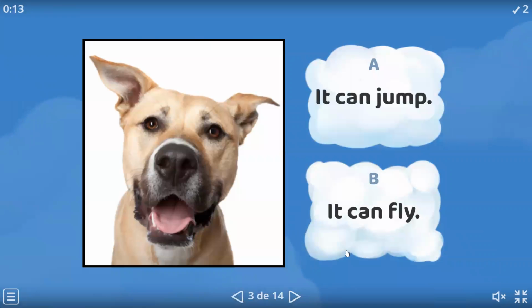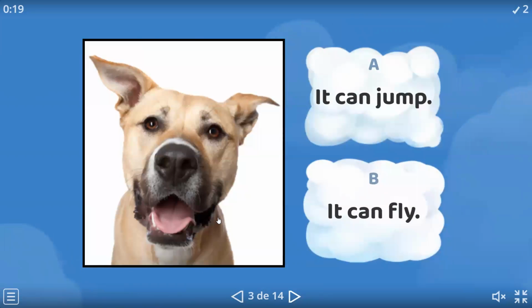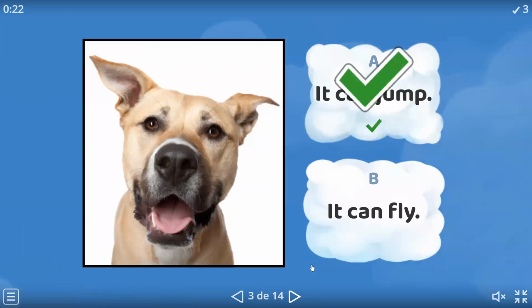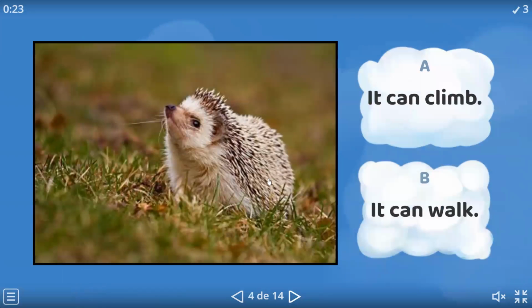It can jump. Okay, murciélago, that is bat. Like Batman. Yes, it's bat. And this is a dog, that will be, it can jump, as you said. Yes, it can jump.